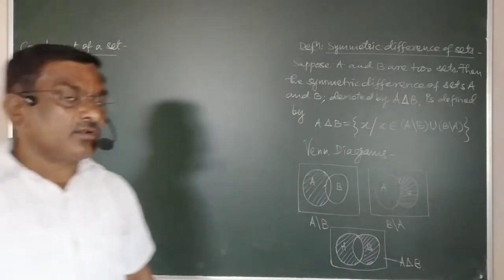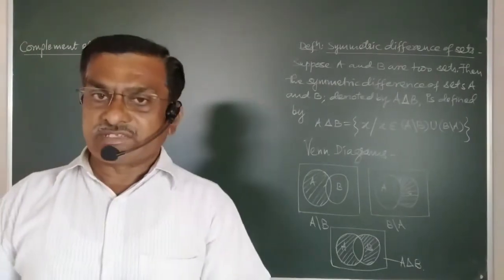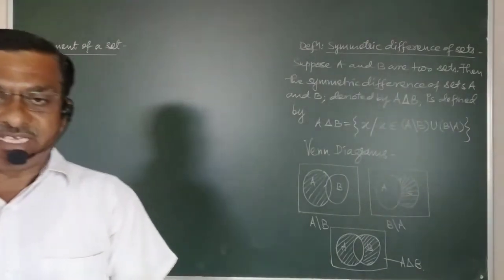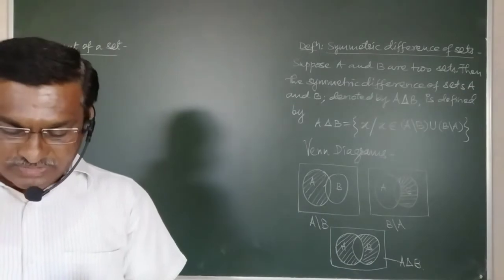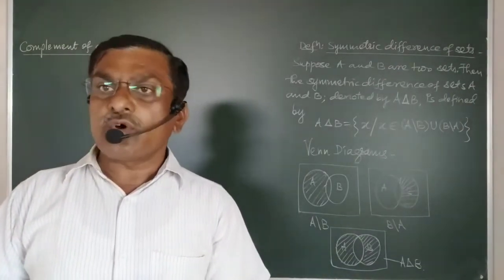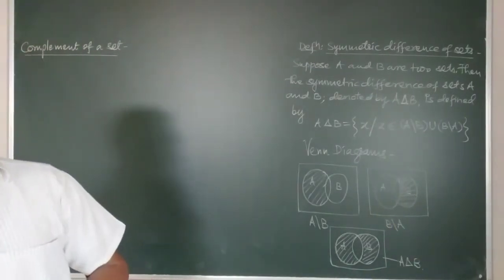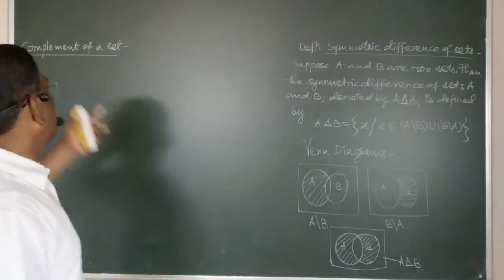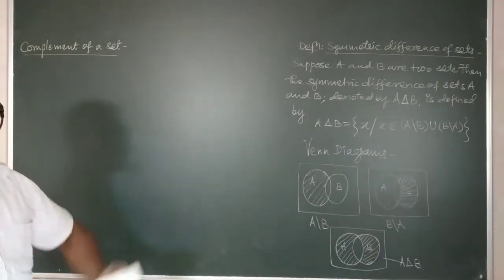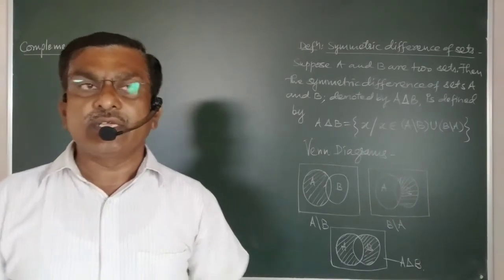Up till now, union, intersection, set difference and symmetric difference depend on two sets. But as you know, this operation, complement of a set, depends on only one set. You need to consider only one set.